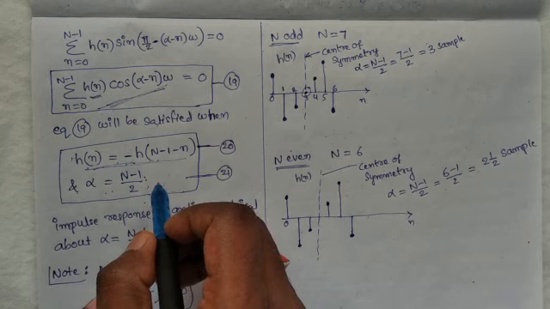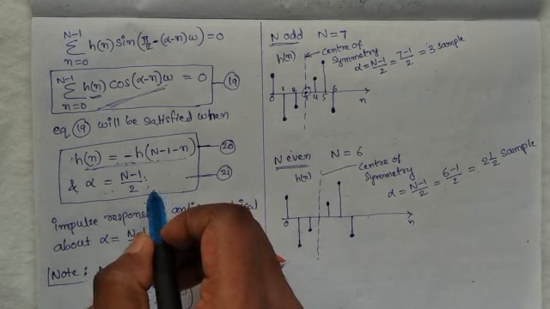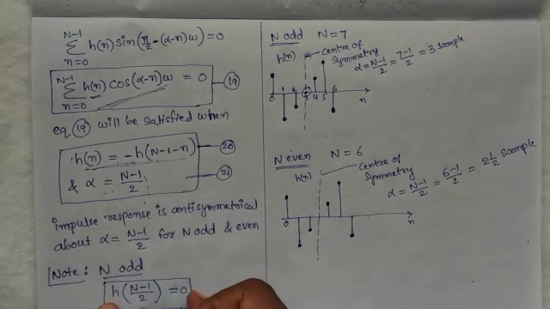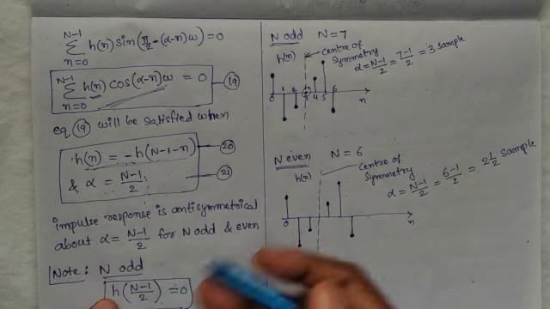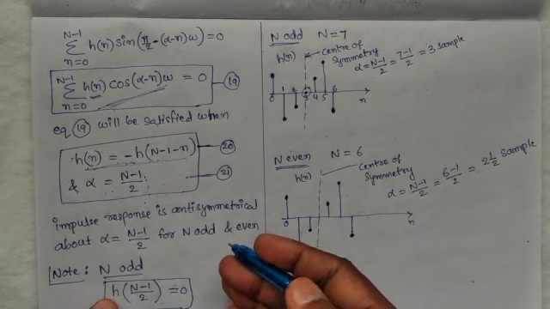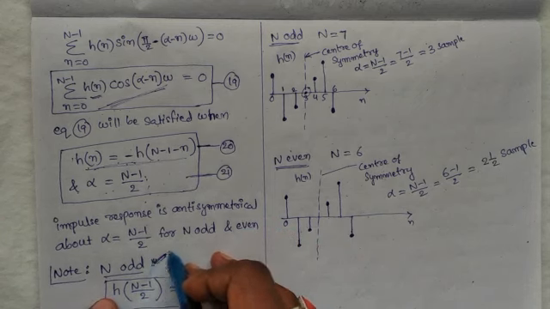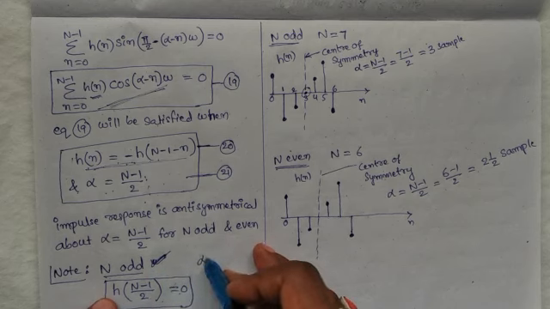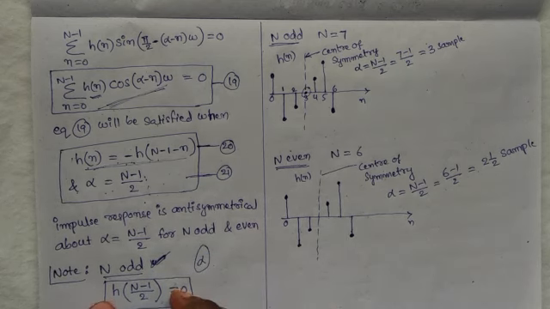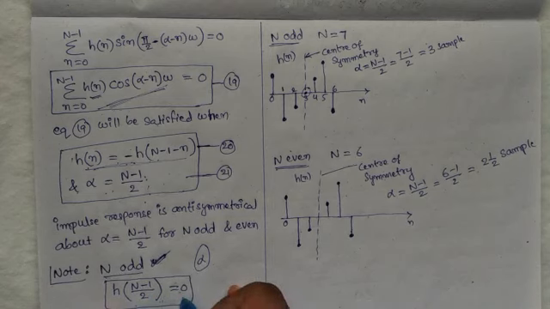It is 0 at alpha. Alpha is equal to what? Capital N minus 1 by 2. At the center of the symmetry, the impulse response is 0 for capital N odd. Means h of alpha, that is h of capital N minus 1 by 2, is equal to 0.